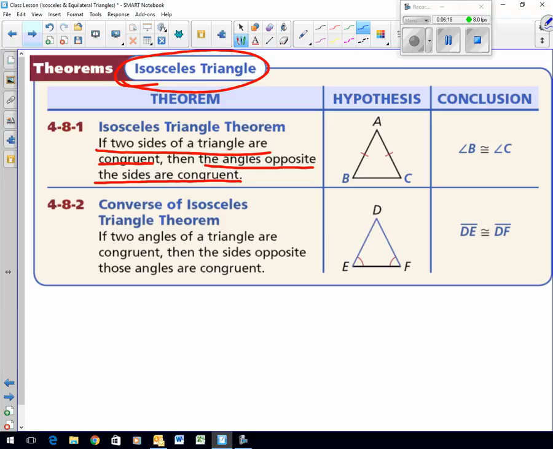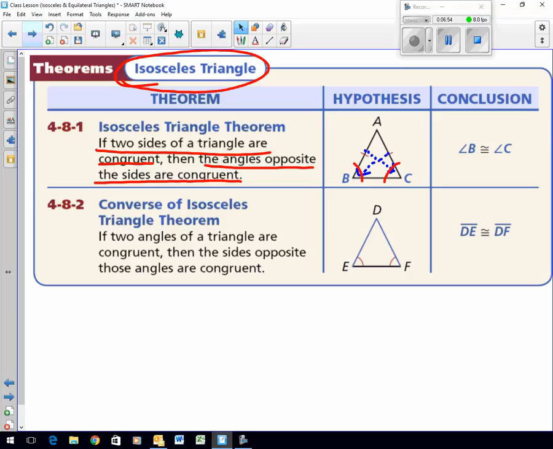The angle opposite side AB is C. The angle opposite side AC is B. And if AB is congruent to AC, then angle B is congruent to angle C. That's my theorem.